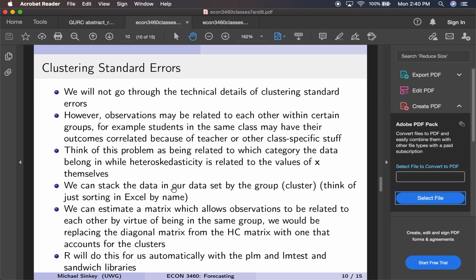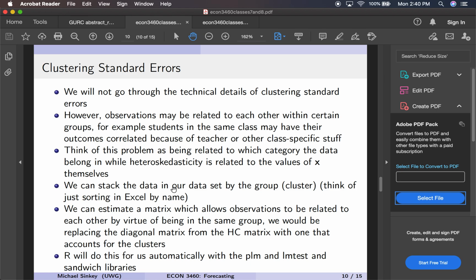So sort of the classic example is classroom identity when trying to estimate the impact of education on any long-term outcome. It may be the case that students who are in the same classroom have outcomes that are correlated with each other because of this stuff.